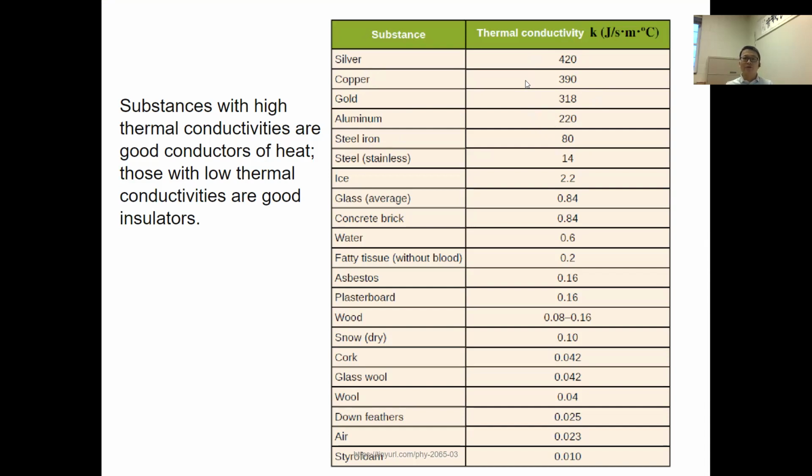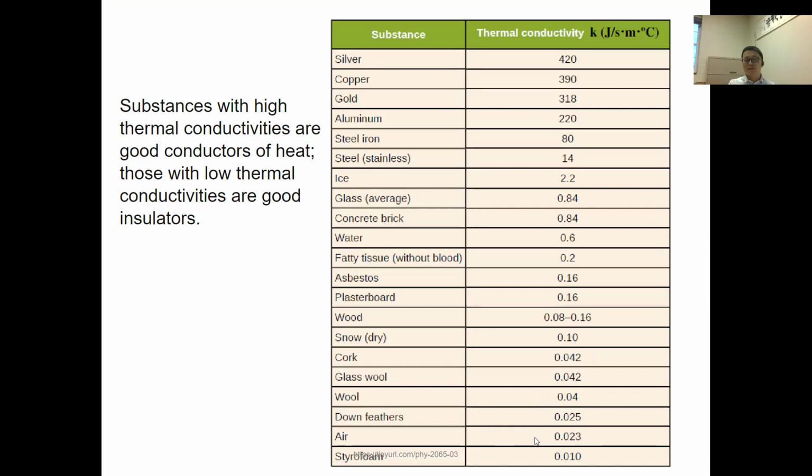On the other hand, other materials like ice, water, and wood are pretty low in conductivity, so they are not good heat conductors. Air has a much smaller number, or wool. In the winter, your jacket may be made of wool because it's a poor heat conducting material, so it keeps all the heat within the clothes.